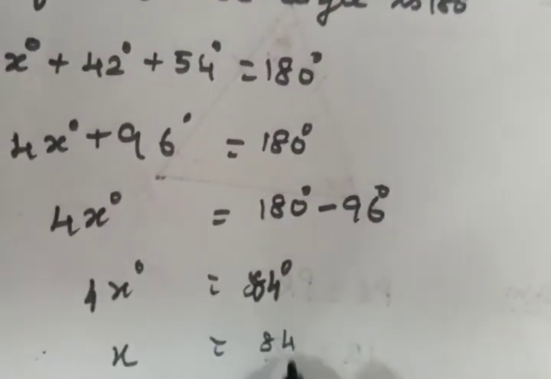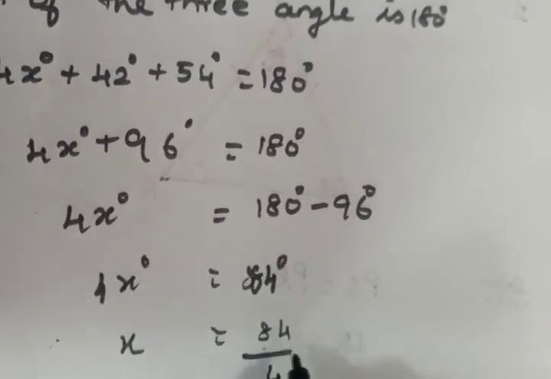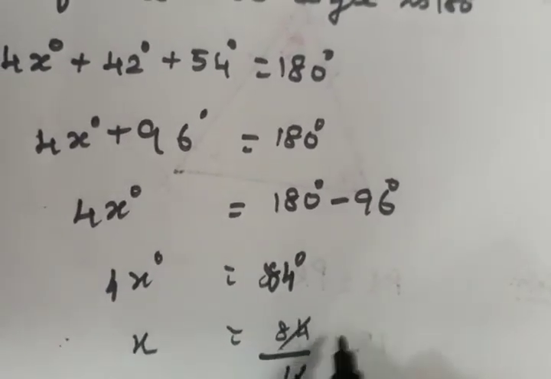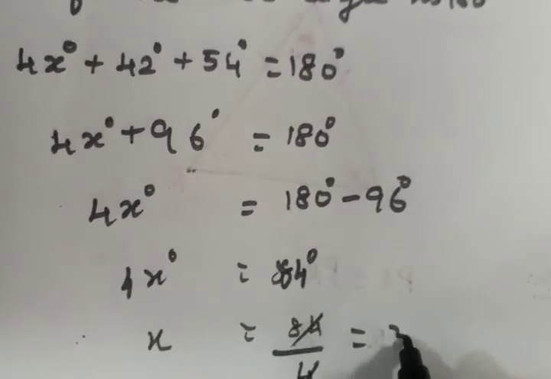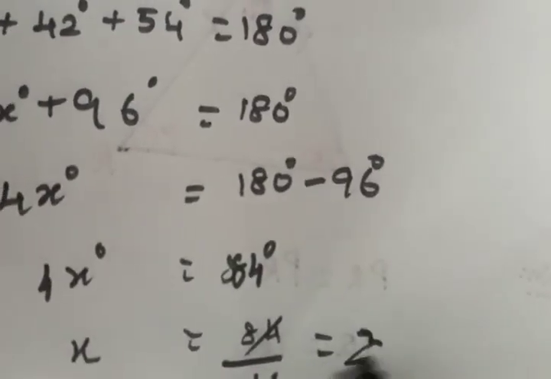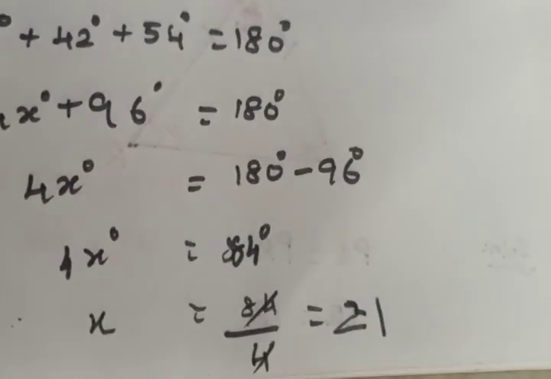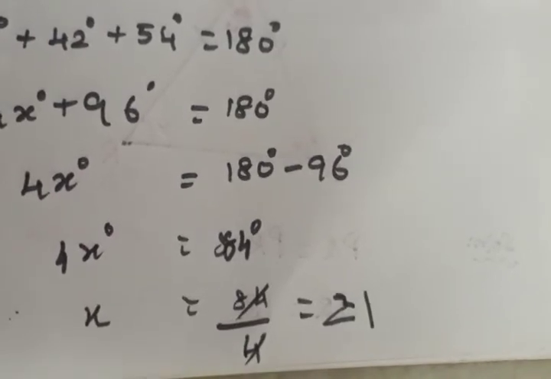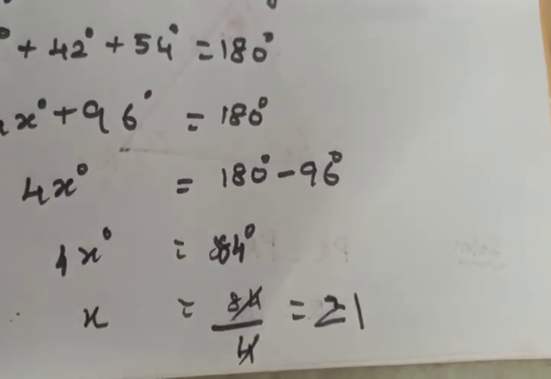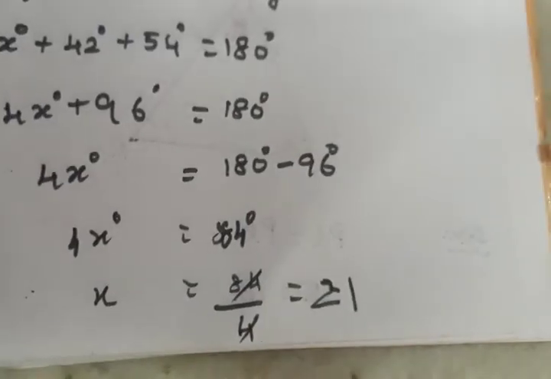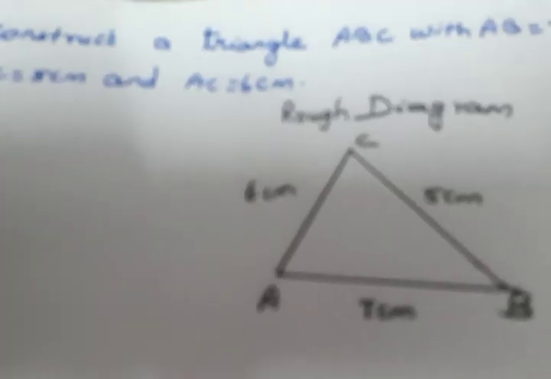So x equal to 84 divided by 4. Cancel it. 21 4s are 84 degree. So x equal to 21 degree.